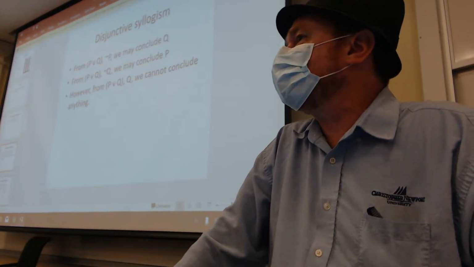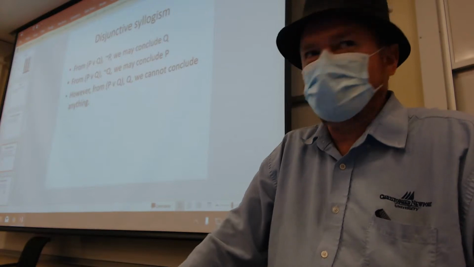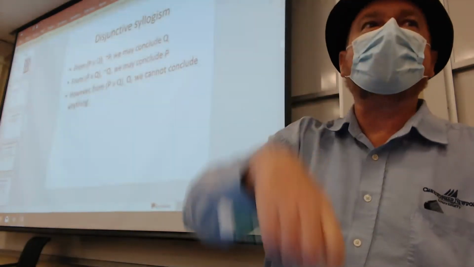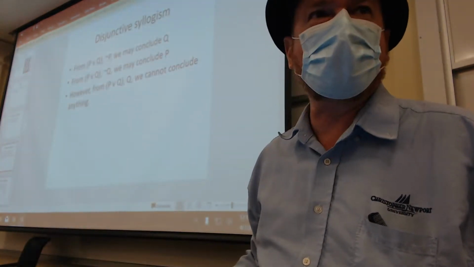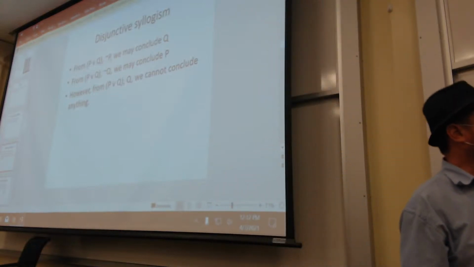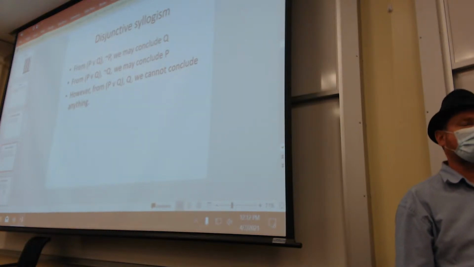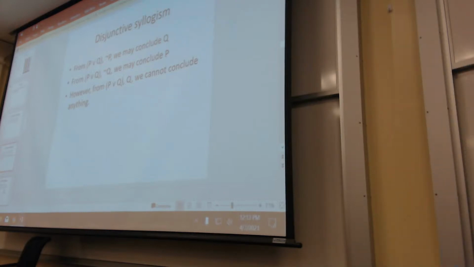So if I tell you, for lunch, let's say I'm the strict dad, for lunch, you will either have pizza or burgers, and you say, but Dad, I don't like burgers. Well, then I'm a good logician. I'm going to figure out, well, it looks like you're having pizza. And it works either way.